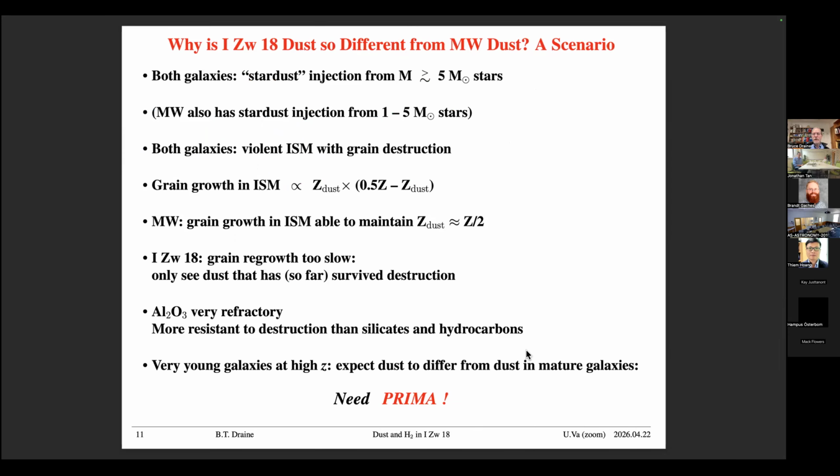Now, why should the dust in 1 Zwicky 18 look so different from the dust in the Milky Way? We've got stars in both galaxies. Both the stars in 1 Zwicky 18 presumably obey the same stellar physics as the stars in our galaxy.